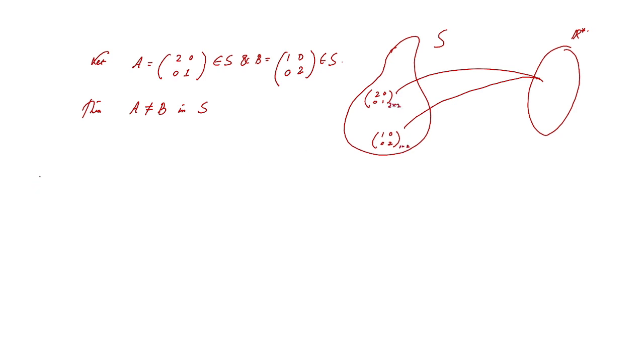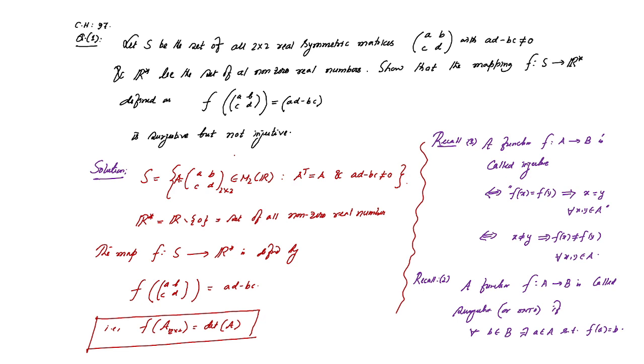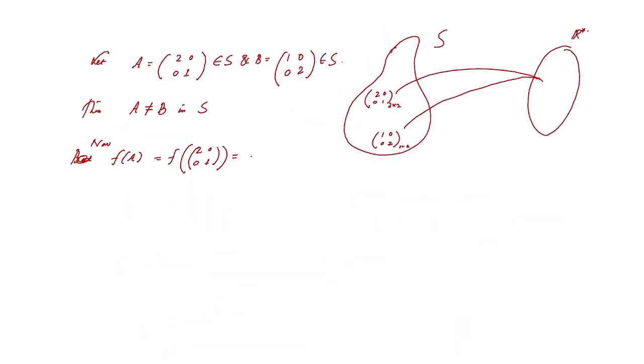Now what have we seen? f of [2, 0; 0, 1], and the map is AD minus BC, the determinant. So 2 into 1 minus 0 into 0, this will be 2.